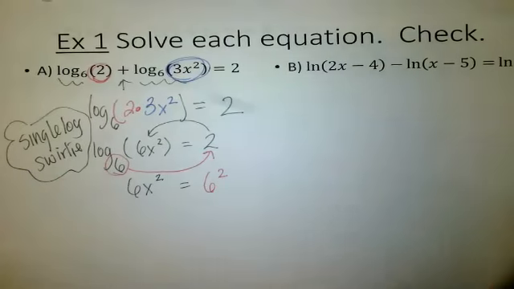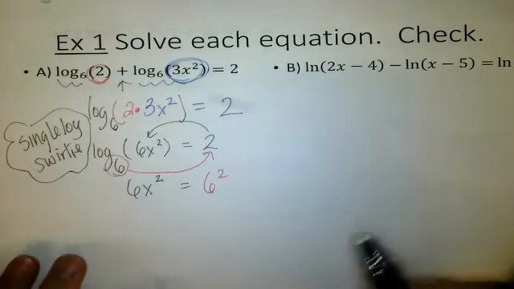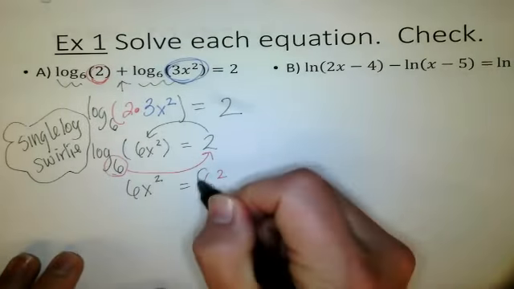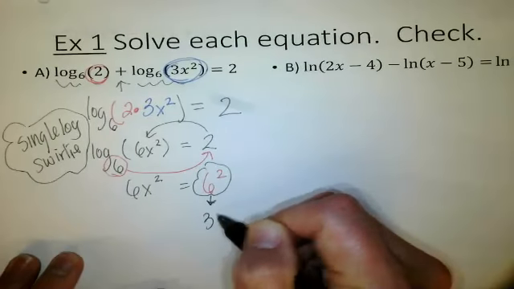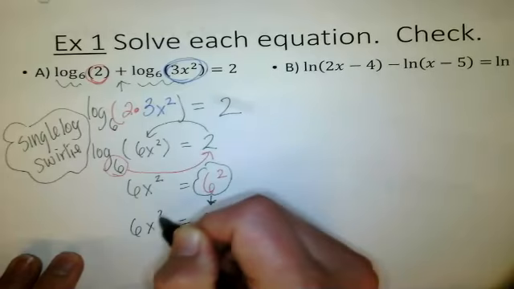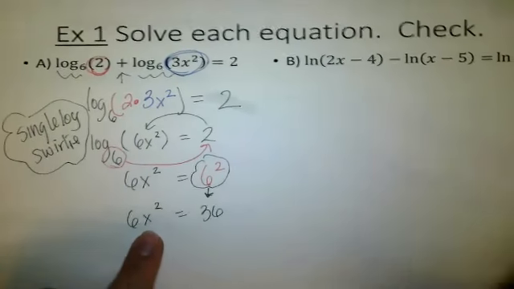6x squared. Okay. So remember, logs don't just disappear. You've got to do something to get rid of them, and in this case, it's the swirly. I'm going to clean this up again. 6 squared is 36. All right, so how do we solve for x here?